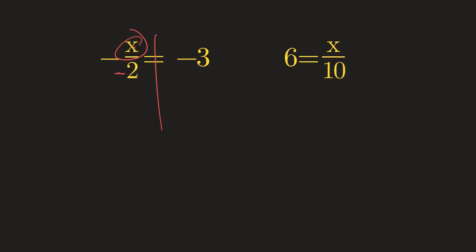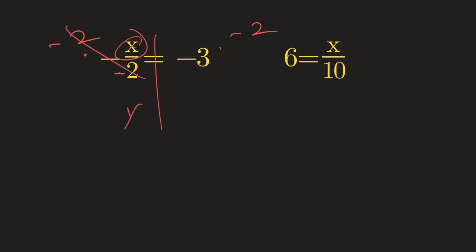Negative 2. There you go. I'm going to multiply both sides by negative 2. Let's get rid of the negative and the 2 in one shot. That negative sign in the middle can either go with the top or the bottom. I'm going to put it with the bottom number, the 2. So now when we multiply, I can get rid of the negative and the 2 in one shot.